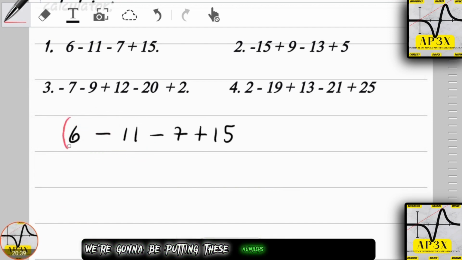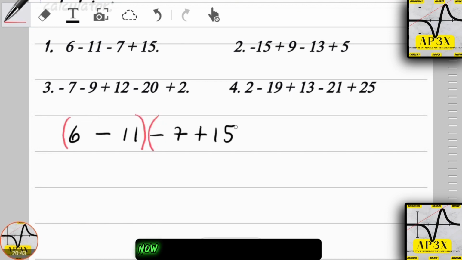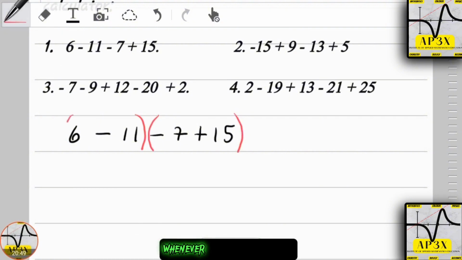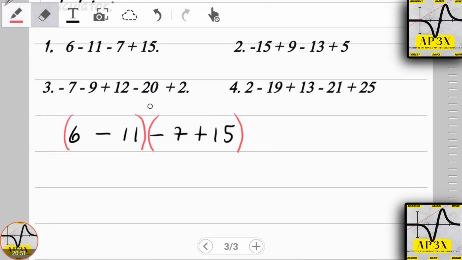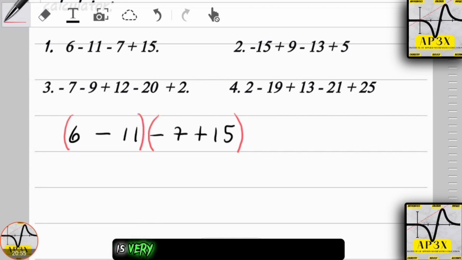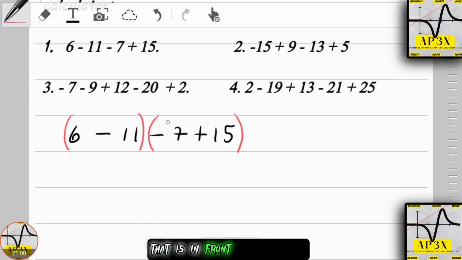We're going to be putting these numbers into groups of 2. Now, associating the numbers is also another fundamental mistake that I find students make whenever they are grouping or associating numbers. It's very important that you associate the sign that is in front of the number.